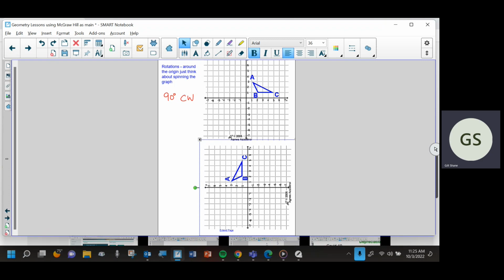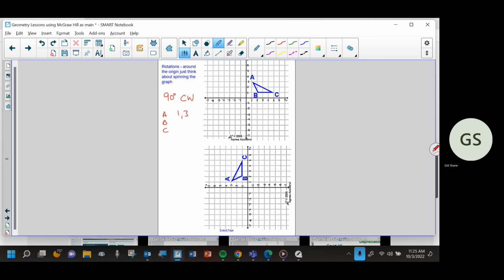So these points, A, B, C, which were 1, 3, 2, 1, and 5, 1, move. That's a prime. Now A is negative.